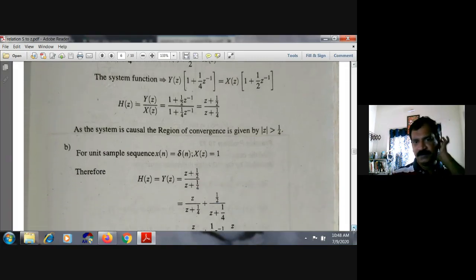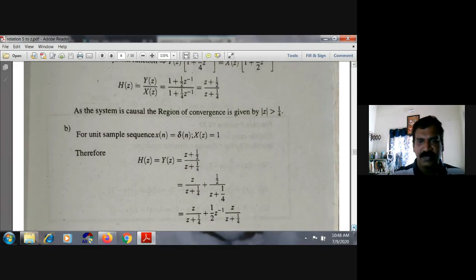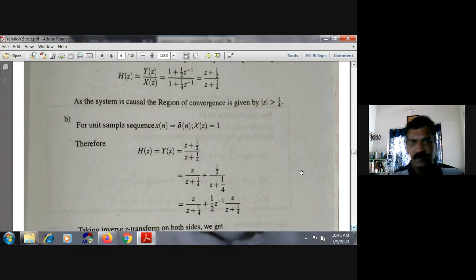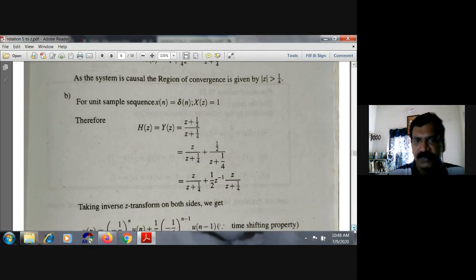Next we find the unit sample response, which is the impulse response of this system. You just apply hz, so x of n is equal to delta n and xz is equal to 1. So we take the inverse transform of the system function.